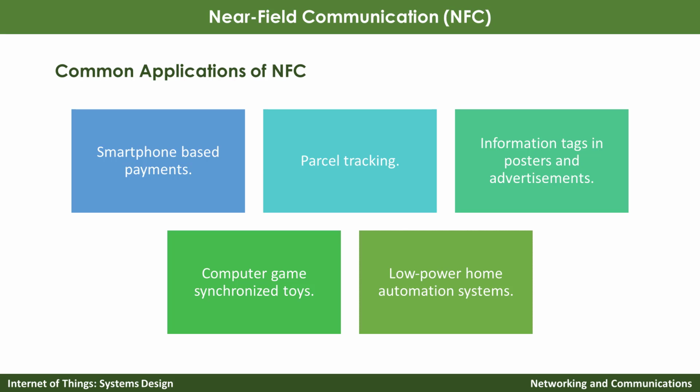Again, as I said, moving profiles from one device to the other. NFC can also be used for low power home automation, and also in information tags in posters and advertisements, so people can put the phone nearby and acquire additional information about a particular advert or poster.